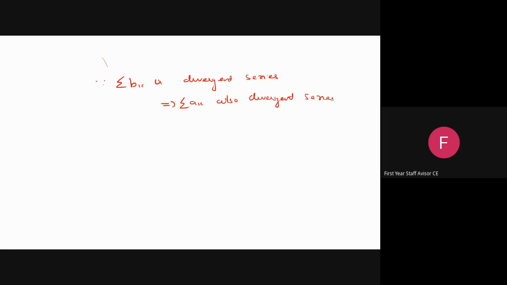Next question as a homework. Test the convergence of the series summation 1 by root of n cube plus 1.